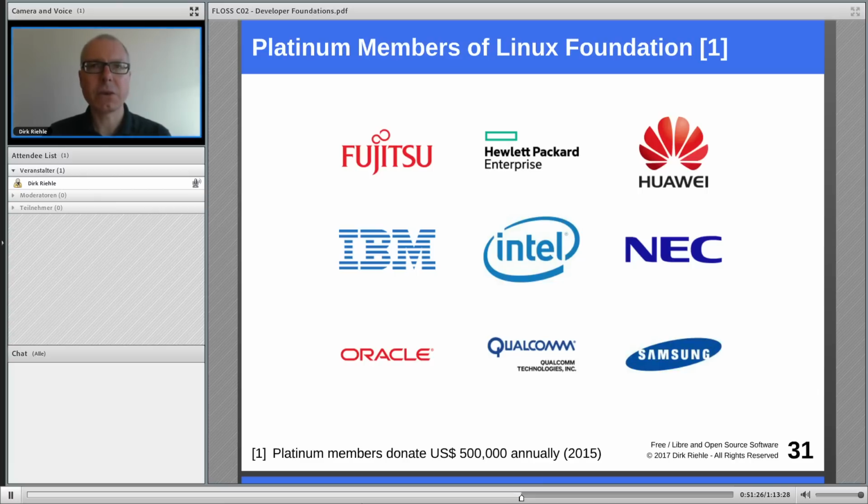It does not mean that any of this money flows into development. So all of the investment into software development, that's separate resources by these companies and others. The 500,000 are only for the operations of the foundation itself, for its projects, for its employees, and nothing of it goes to the actual software development.